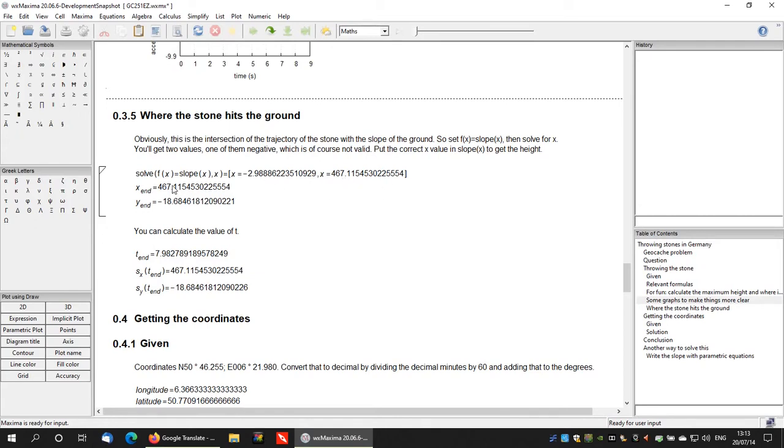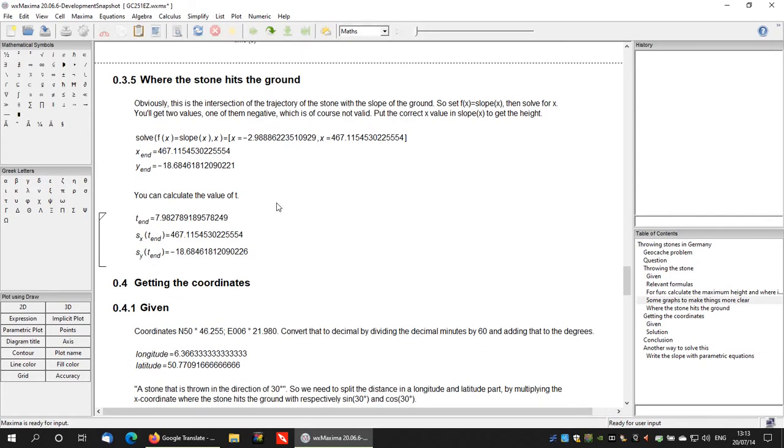So that's where the stone ends. And f(x), or the slope at that point, same thing, is minus 18.68 meters. So about 20 meters lower than the stone started because of the 2 meters extra.